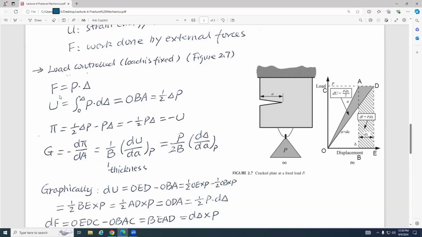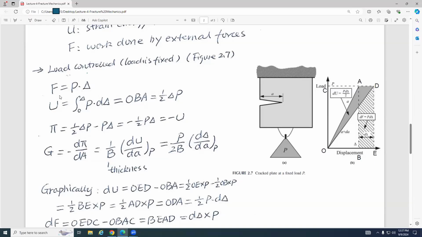Okay, so look here. That is from the graphic perspective. And if we use equations, this is our F, and this is the U, and the potential energy equals U minus F, and we know that this equals one half P delta, which equals minus U. So G equals minus dΠ/da. This equation we have learned, right? Yes.